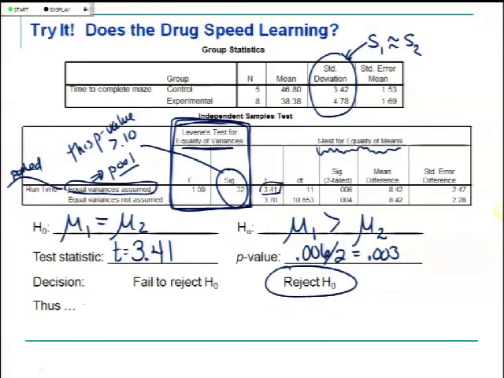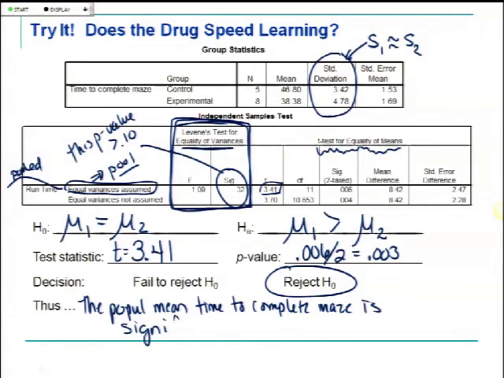What can we say? Thus, the population mean time to complete the maze is significantly lower for the rats taking the drug, as compared to placebo, we should maybe put here.